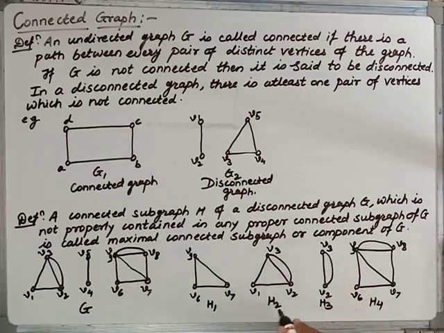That's why this H3 is also not a component. These others are not properly contained in any other subgraph, so they are the components. These are subgraphs, but not components, while H2 and H4 are components.